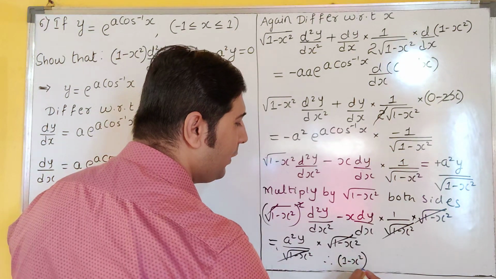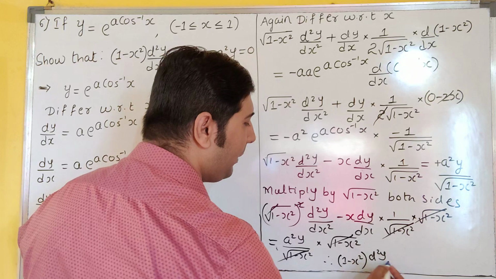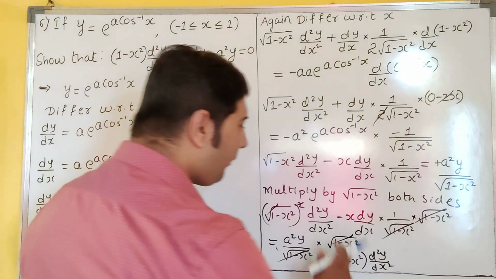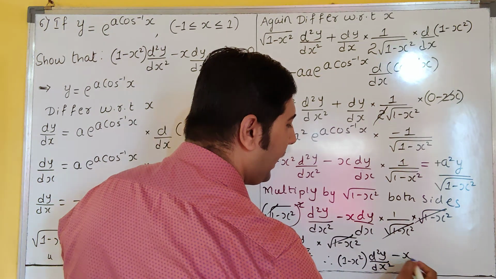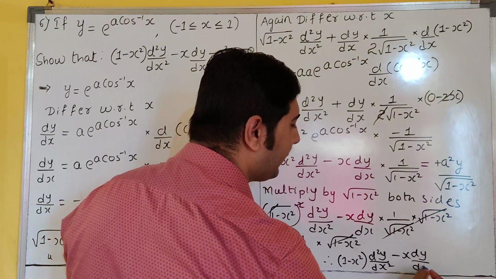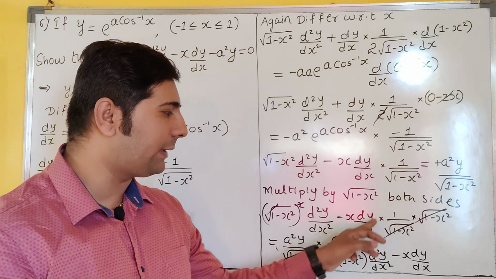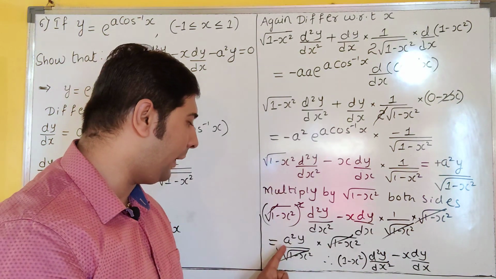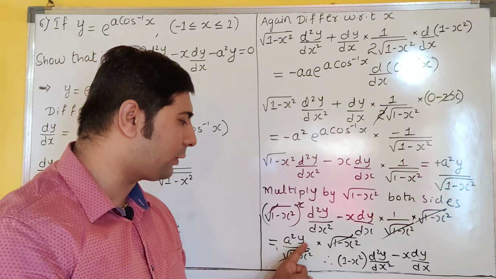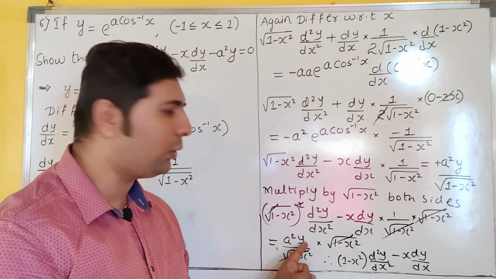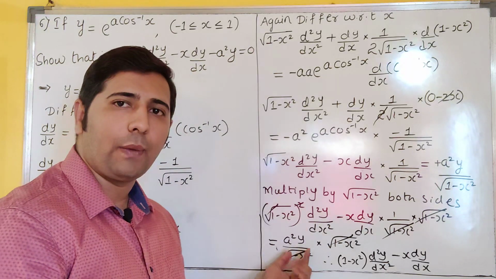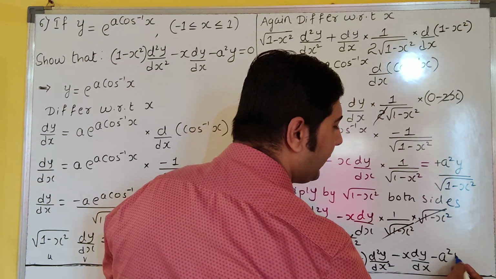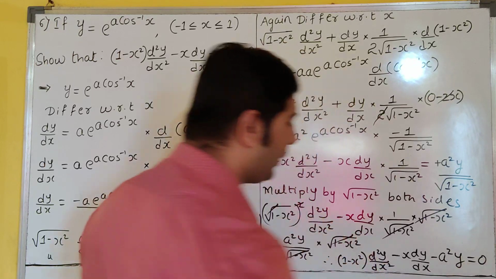I will write here 1 minus x square d square y by dx square. Will you agree? Minus x into dy by dx, minus x into dy by dx into 1 is same only, you know that. So now see, is equal to a square y is there, is equal to this plus a square y. If you take on left side, it will become minus a square y is equal to 0, dear student.